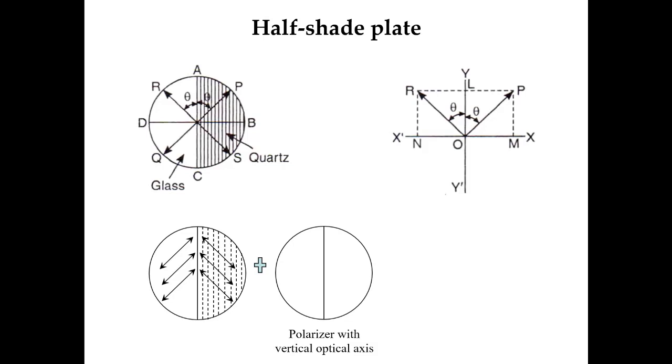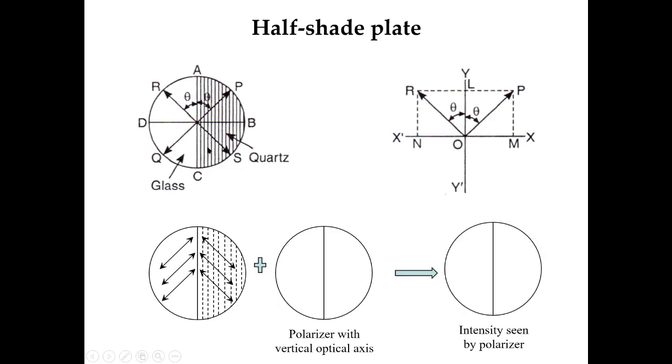So if a polarizer with a vertical optic axis is placed adjacent to the half-shade plate, it will show that the intensity of both the half parts is the same, because the angle of both the emerged lights will be the same with the optic axis of the polarizer.